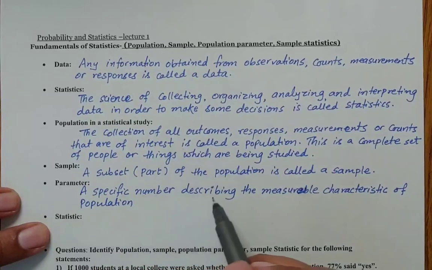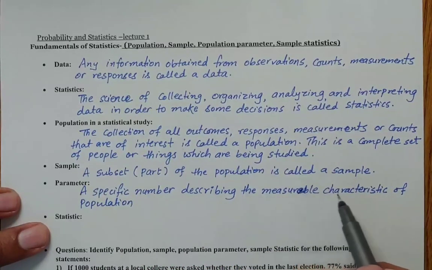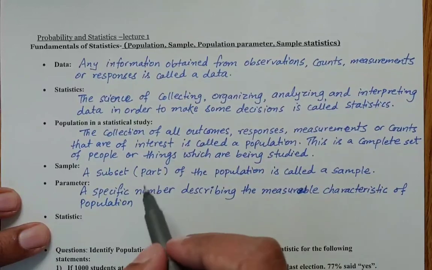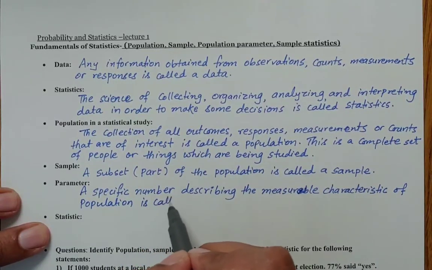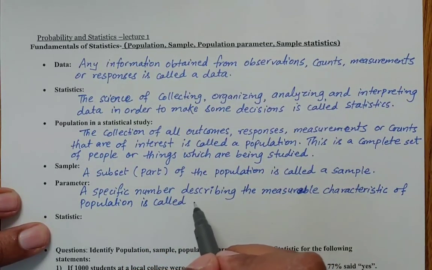A specific number describing the measurable characteristic of a population is called a parameter.